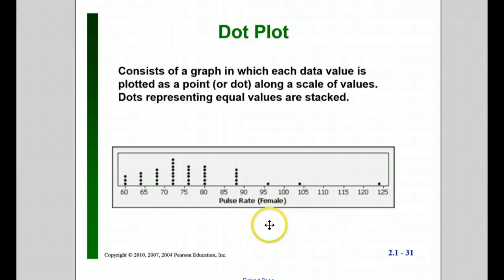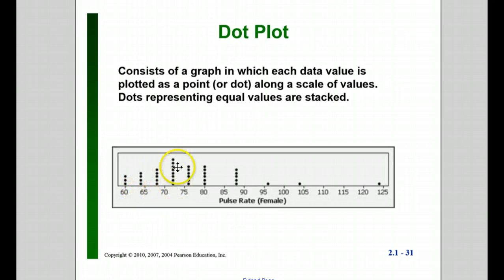Dot plot, very popular tool. Each dot represents a measurement that took place. So if we took our pulse rate data and put dots over the common pulse rates, there was 1, 2, 3 people that had a pulse rate of 60. 1, 2, 3, 4 had a pulse rate of 64.